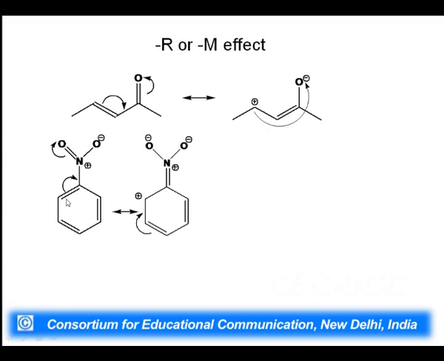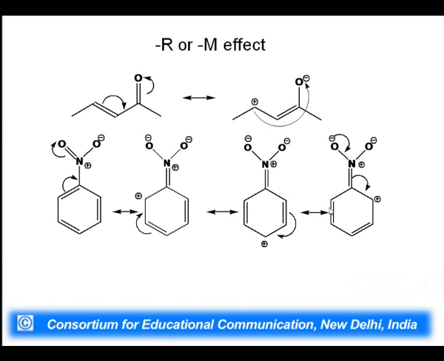because the nitro group is taking away the electrons from the benzene ring. In this case, the double bond electrons it is taking away from the system and creating a positive charge on this position. Further, the positive charge is going across the benzene ring and it is present at ortho and para positions in this case. So what are the implications? You can see on the slide the implications.